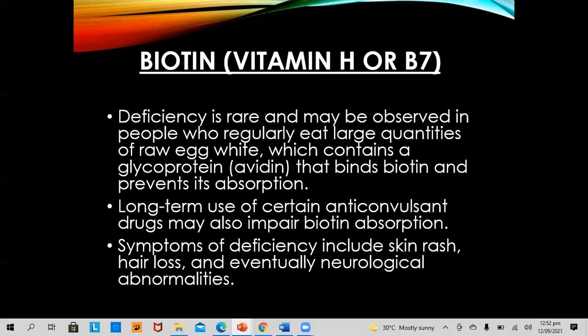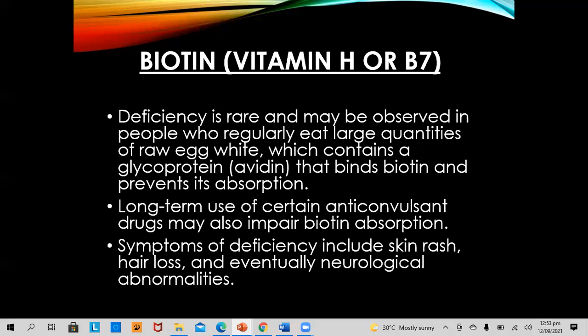Then comes a very fashionable vitamin nowadays, that is biotin. Biotin is also known as vitamin H or vitamin B7. The deficiency of biotin is rare and may be observed in people who regularly eat large quantities of raw egg white, which contains a glycoprotein avidin that binds biotin and prevents its absorption.